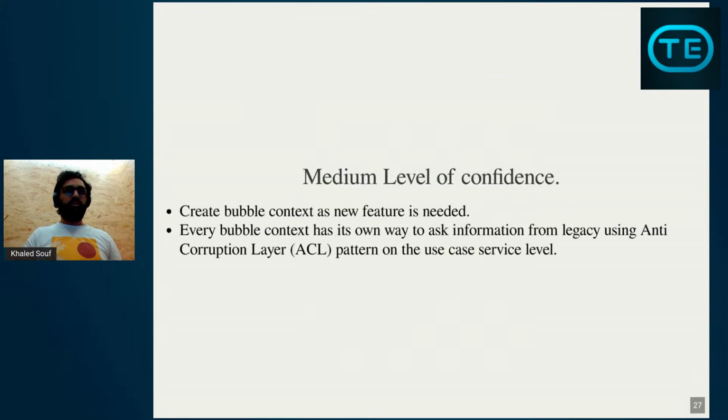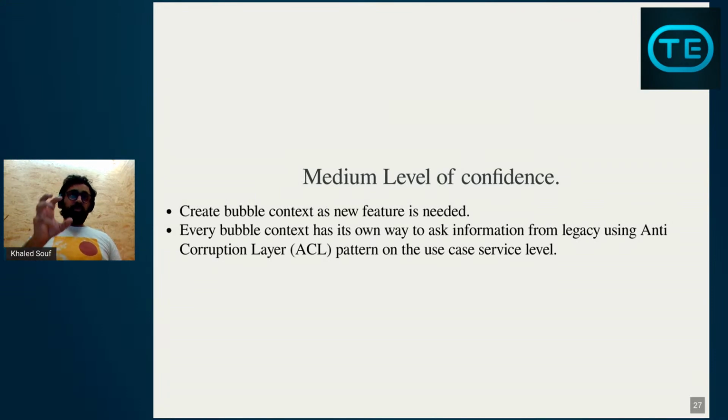The second one is when I have some kind of medium level of confidence. I will create the bubble context when I have a new feature, but now I know a few things about the legacy system.